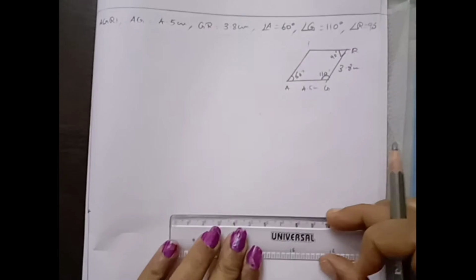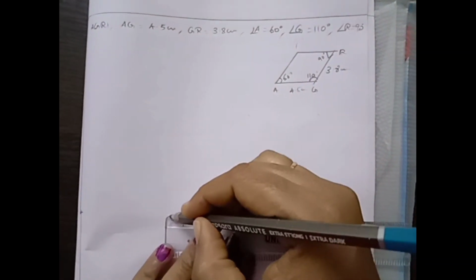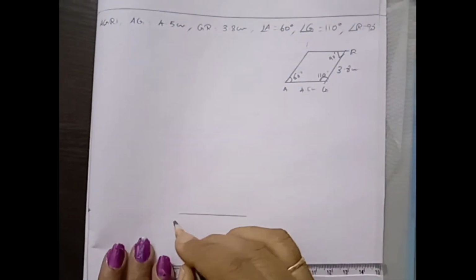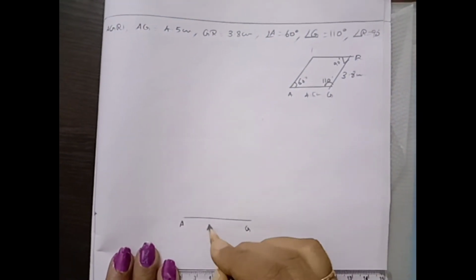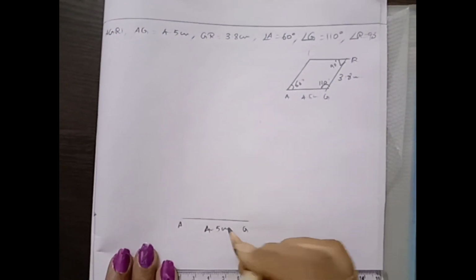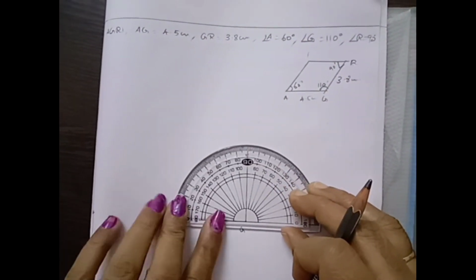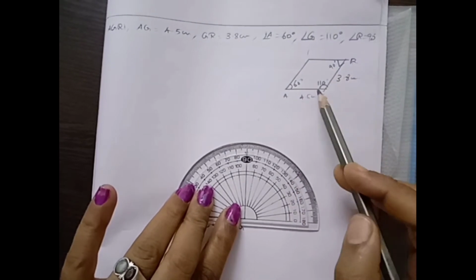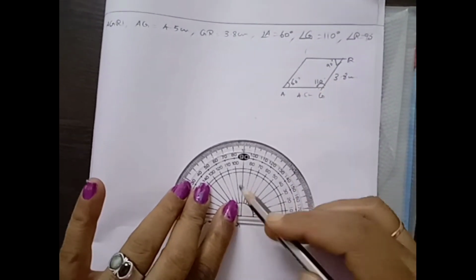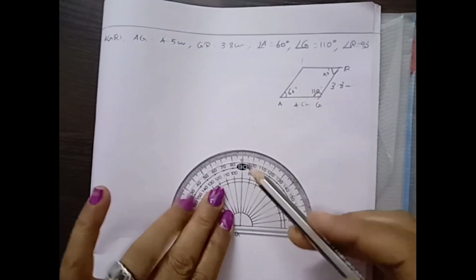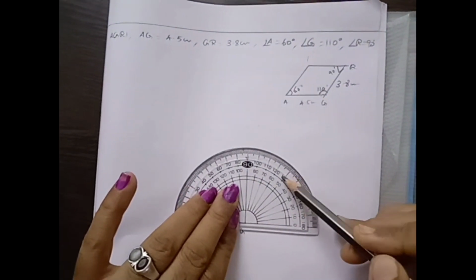Now first take AG equal to 4.5 centimeter. Then at G 110 degree. 110 is an obtuse angle. Obtuse angle means above 90 degree.